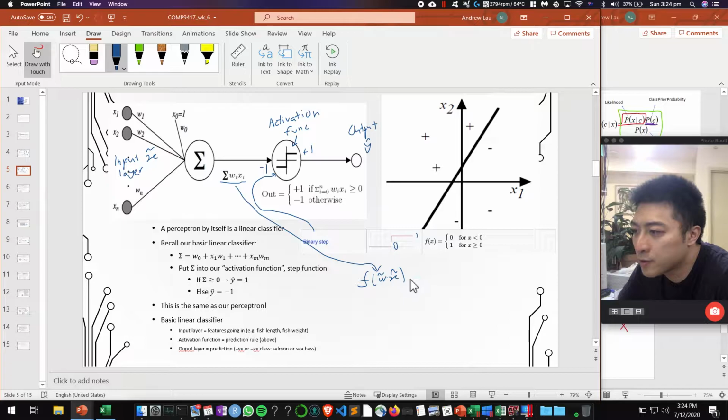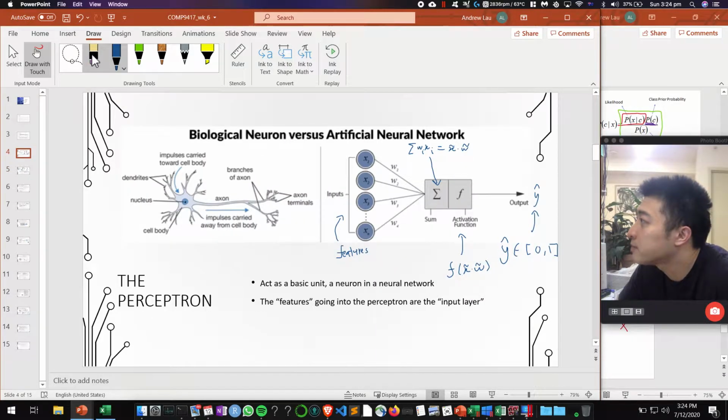So the input domain is real, and the range coming out of here is just 0, 1. I just realized I made a mistake in the notation. This would probably be a set rather than a range.